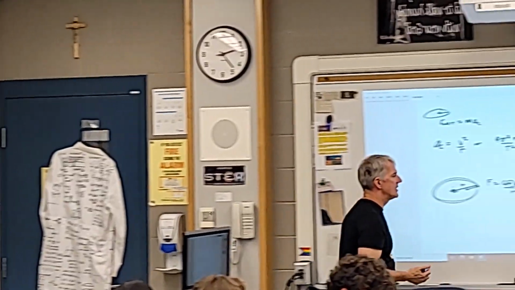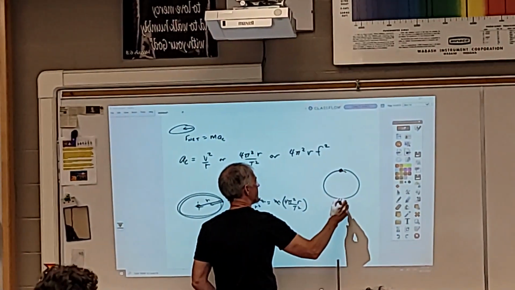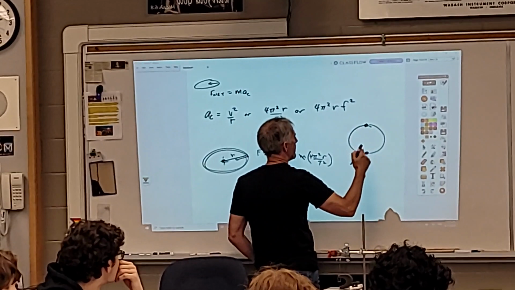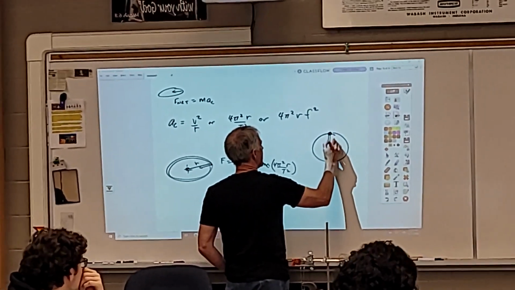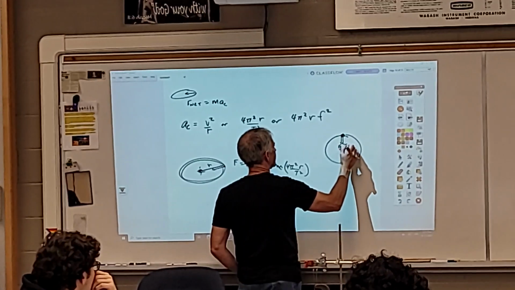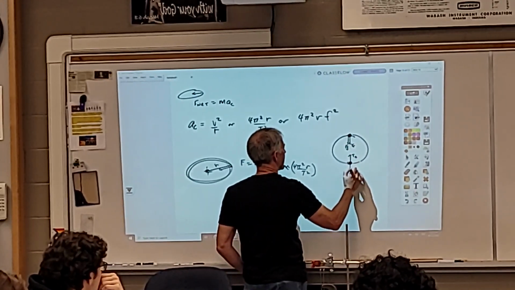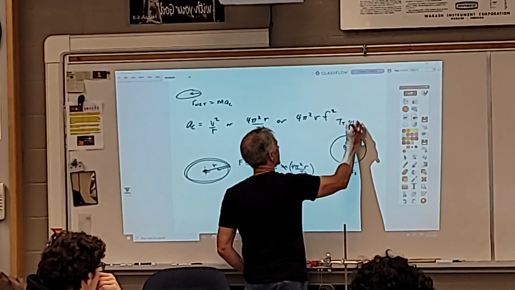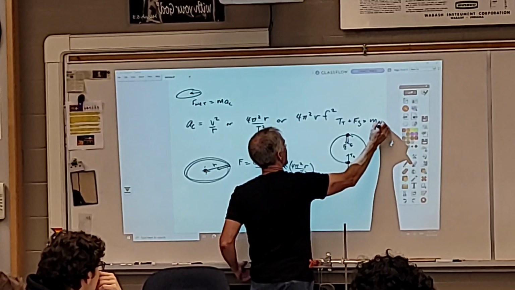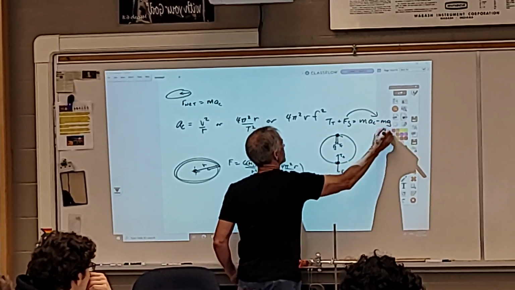Next thing I did is vertical circles going around, but I said let's only focus on the top and bottom, min and max. If you're at the top, tension's pulling it down, gravity's pulling it down. At the bottom, the tension is up, but the gravity is down. Tension at the top plus gravity is the net force, or bring that over and you subtract mg.